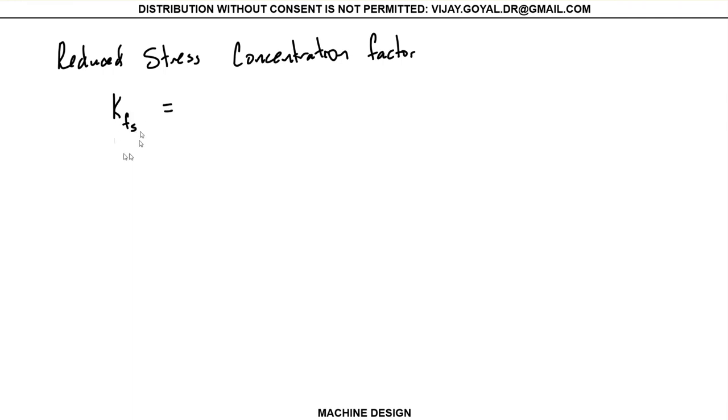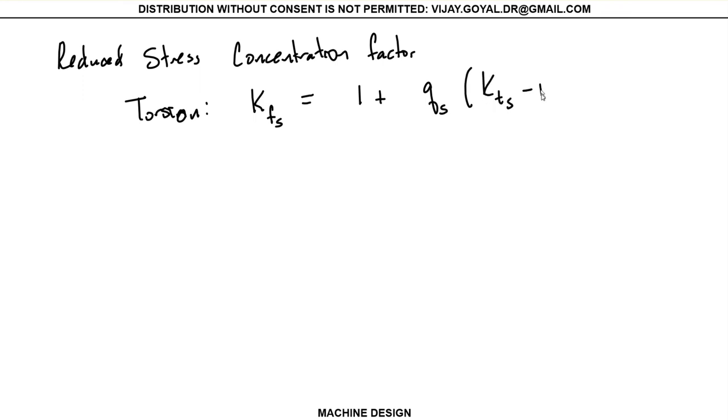Let me write it down. For torsion, you have KFS equal to 1 plus QS times KTS minus 1. For axial, it will be KFA equal to 1 plus QA times KTA minus 1.